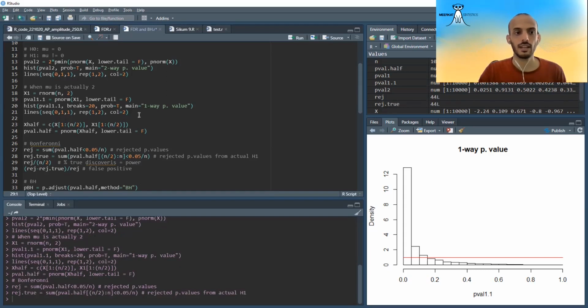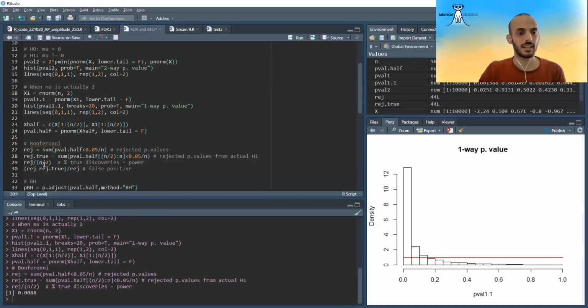Okay, and if we look at the number of rejections divided by the number of true discoveries, we get 0.008.